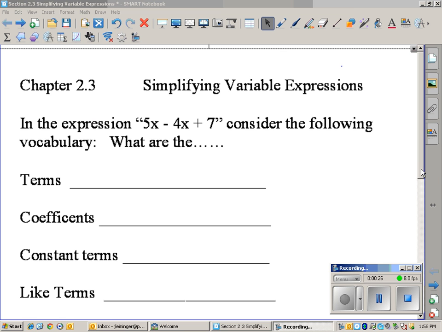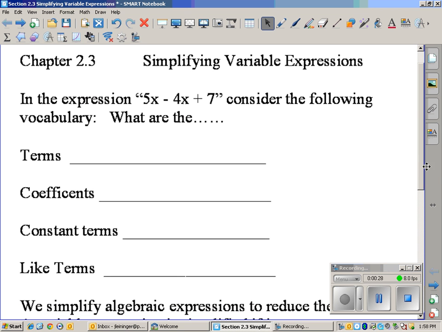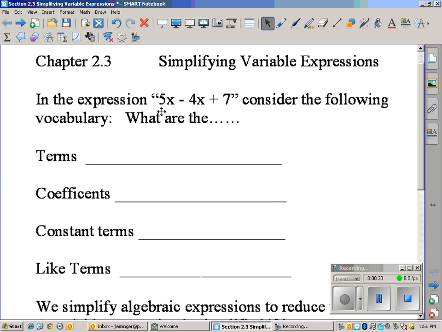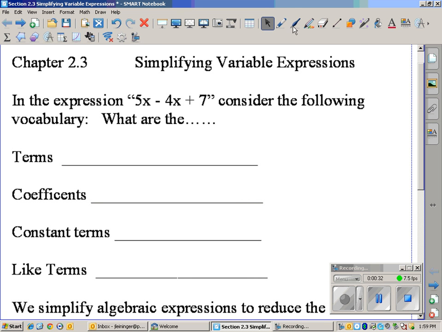This is right here on your page. This is the expression that we're looking at, 5x minus 4x plus 7. If we're looking at an expression like this, the terms are the pieces of the expression that are separated by addition and subtraction signs.